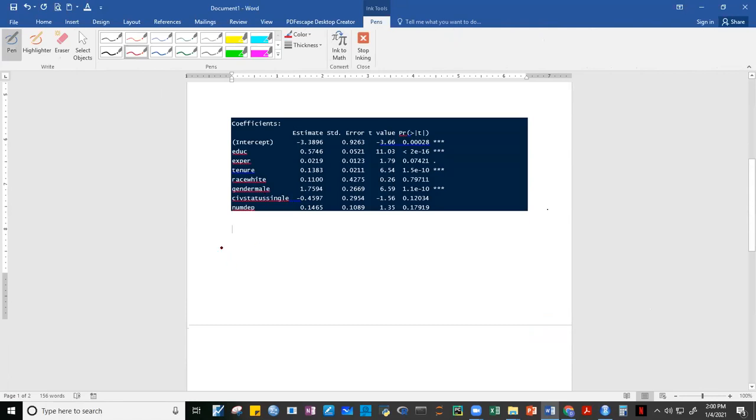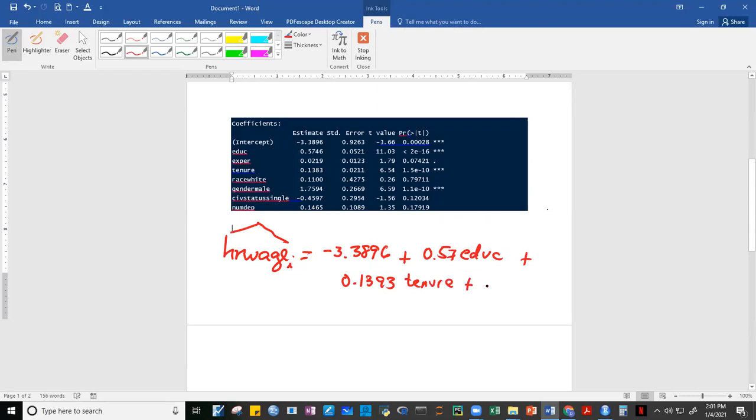Okay, so ano yung model natin, guys? Hourly wage. To indicate that this is the forecast, it is equal to negative 3.3896 plus 0.57 education, and then tenure plus 0.1393 tenure, and then plus 1.79 times raise.